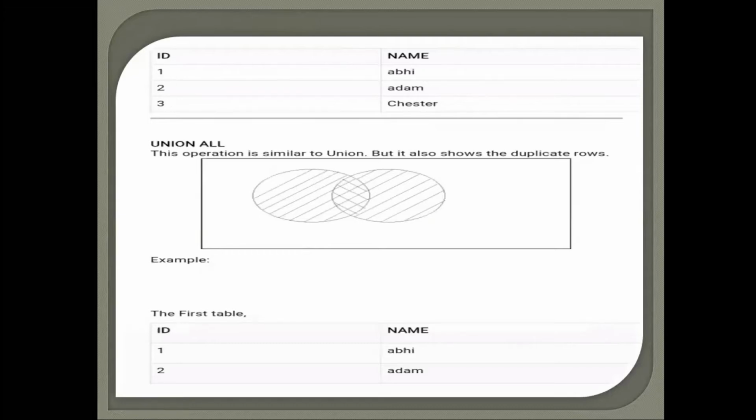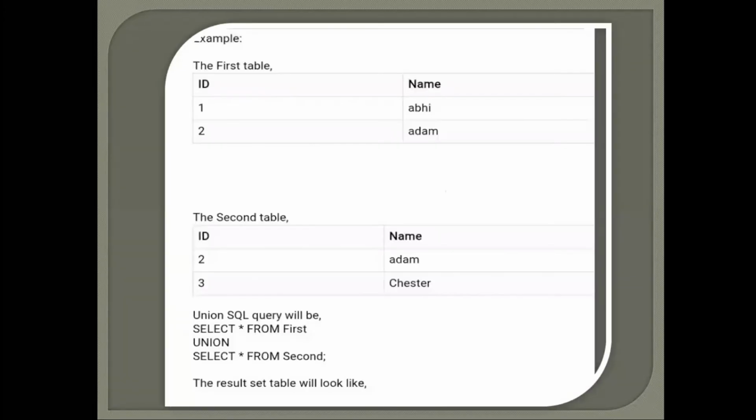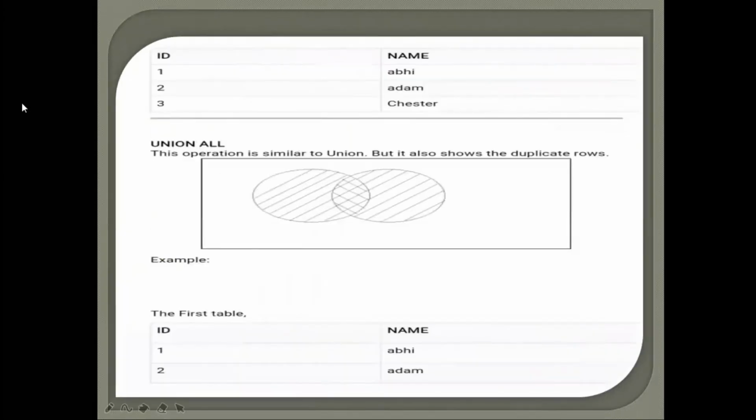In all, how many rows did we have? Four rows. But it returned only three rows. The reason is that ID 2 is repeated, and as we said, it does not allow duplicate values. So ID 2 comes as output only once.